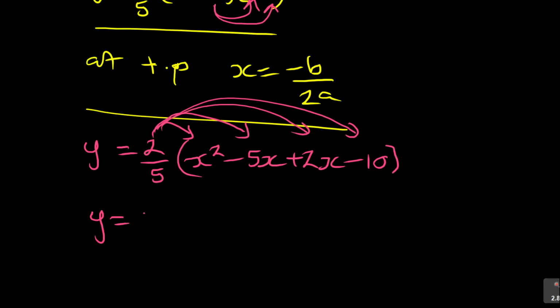But before that, we can actually say 2 over 5, we solve what is inside the bracket. x squared, minus 5 plus 2 is negative 3x minus 10.